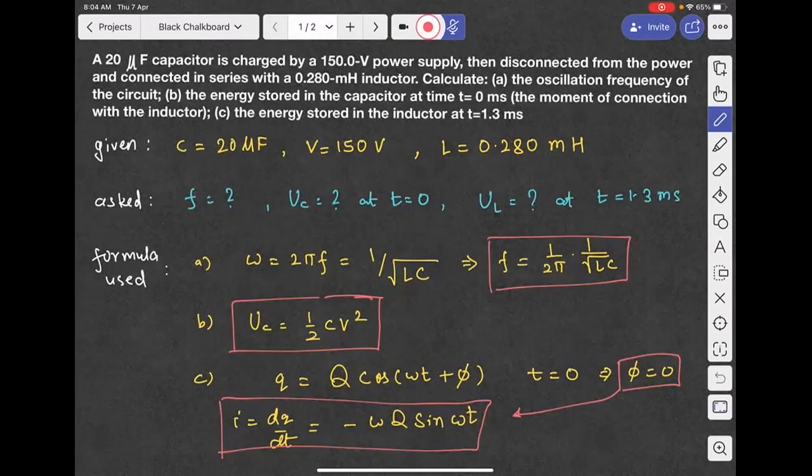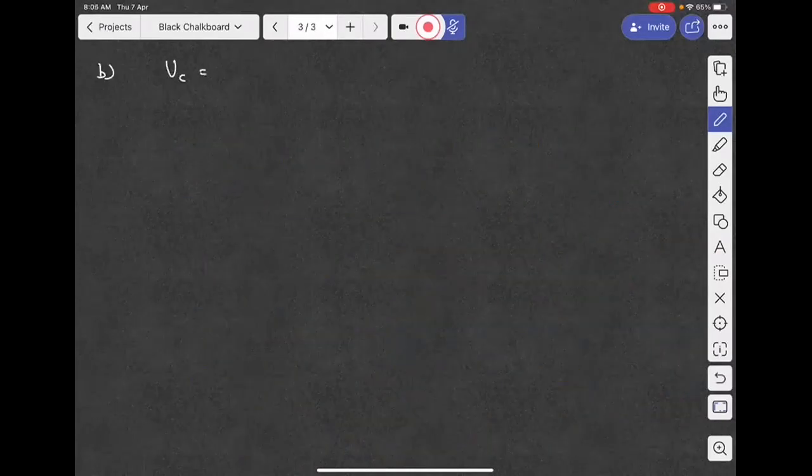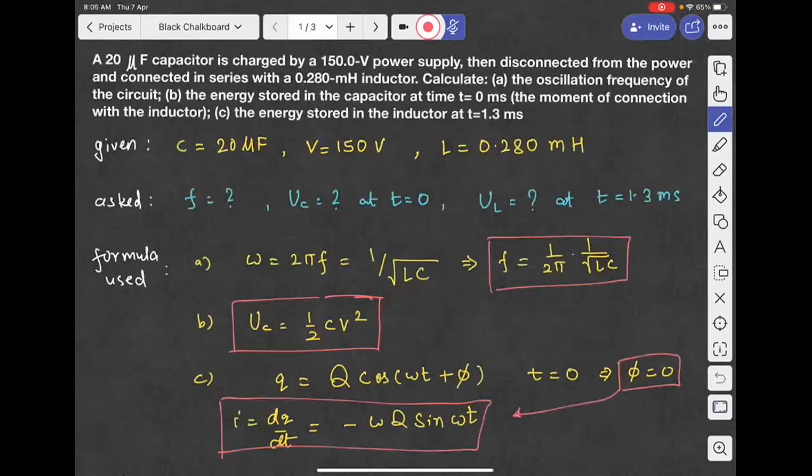Second is the energy stored in the capacitor at time t equal to 0 milliseconds. So we know the equation also, 1 by 2 CV square. Let's substitute energy in capacitor, 1 by 2 CV square at t equal to 0 millisecond. We know the value of C and V, so 1 by 2 into our C is 20 micro.